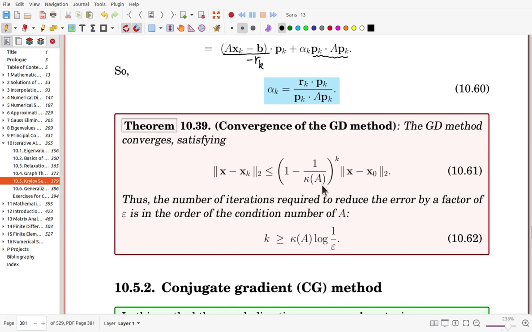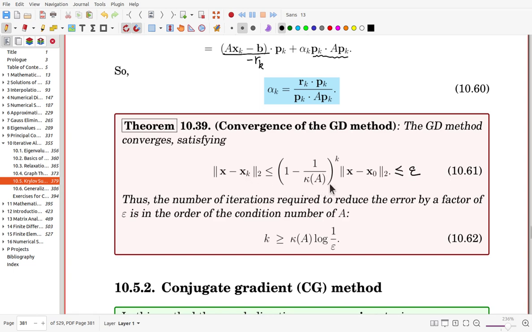Now, once we try to get the number of iterations required to satisfy a given tolerance, epsilon, okay, so that we have to make this quantity bounded by epsilon, smaller than or equal to epsilon, and then we try to control this term and bounded by epsilon, and then automatically this term will be bounded by epsilon, right?